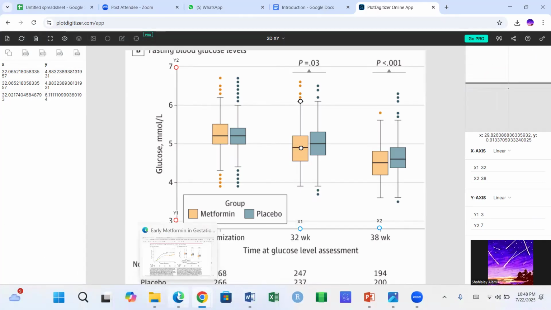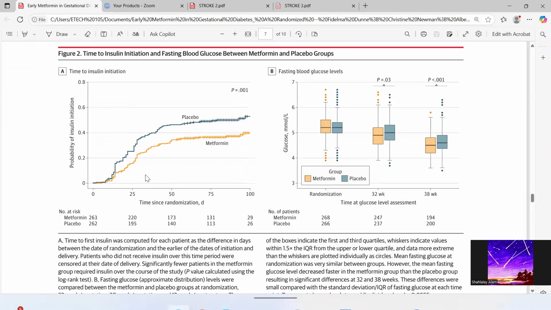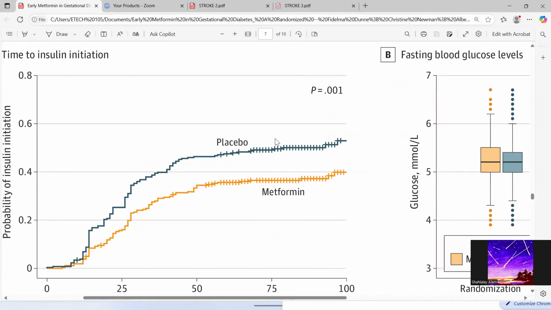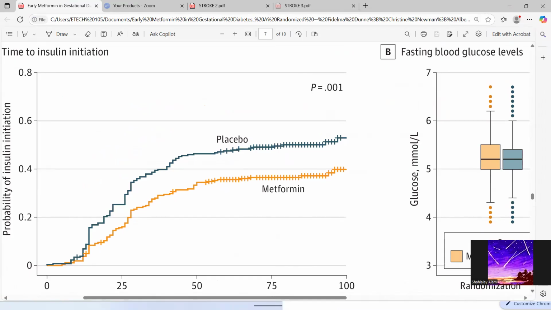If I come to this graph, if I zoom this, for example, you people are required to extract data for metformin at 75 week. You people will calibrate in the plot digitizer in the same way. For example, I'm not doing it on plot digitizer, I'm just doing manually to explain to you guys.